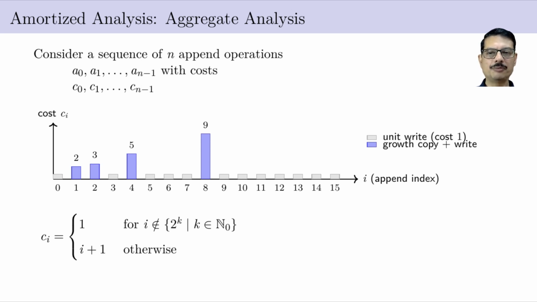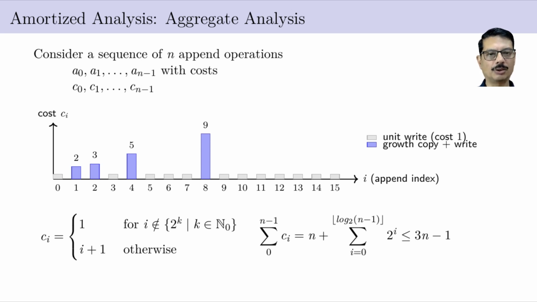Now if you do the sigma for n operations, then the cost is going to be n plus sigma i equal to 0 to log of n, roughly 2 power i. Why? Because if you have n values, then how many powers of 2 are going to be there?